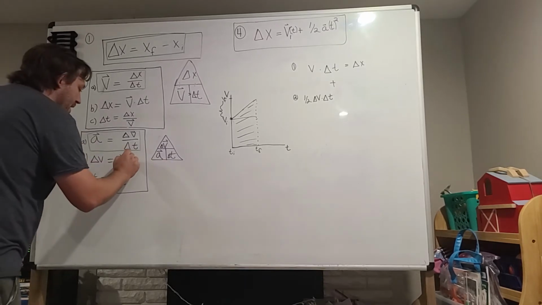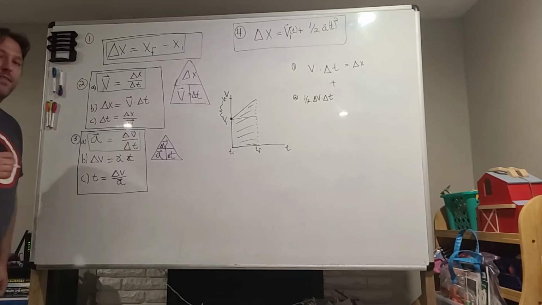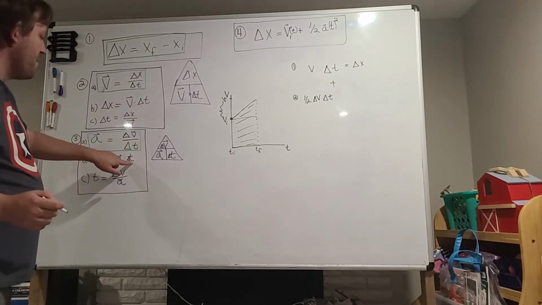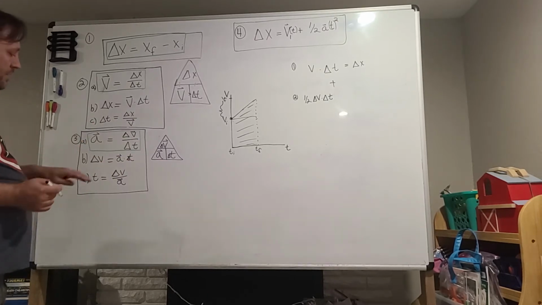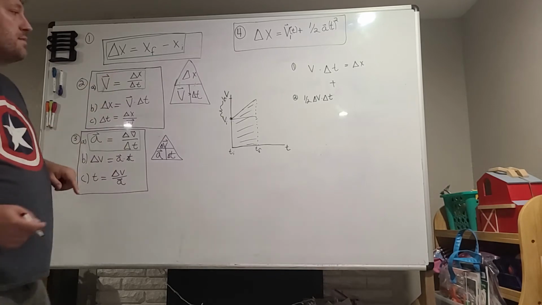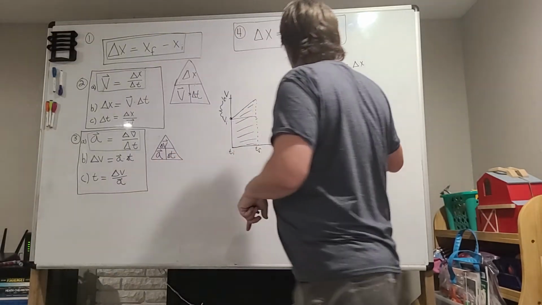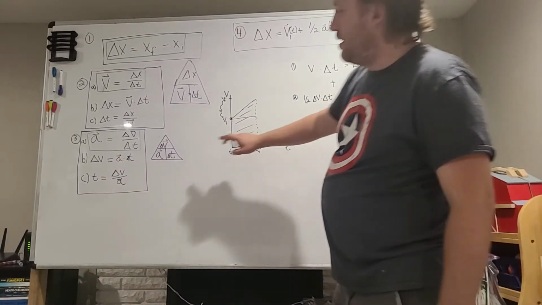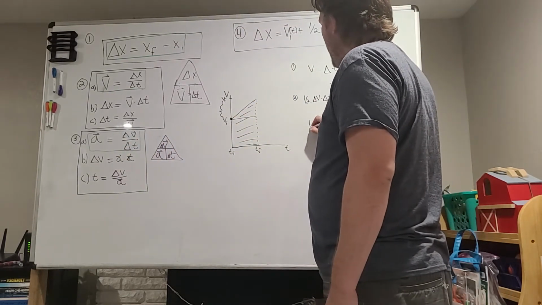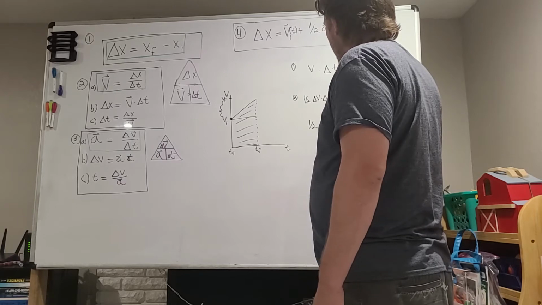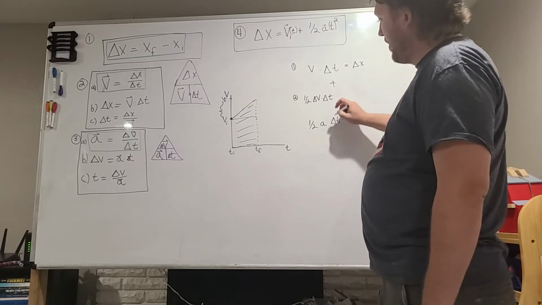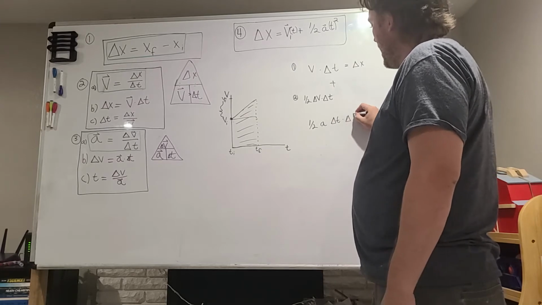By the way, this should be change in time, right? Keep forgetting that. So I'm actually going to plug in a delta T, not because I couldn't plug in something else, but just because I know there's an acceleration, I want acceleration to be part of the problem. So by replacing delta V here with this formula, we get 1/2 a delta T times, well, there's already a delta T there, so delta T again.